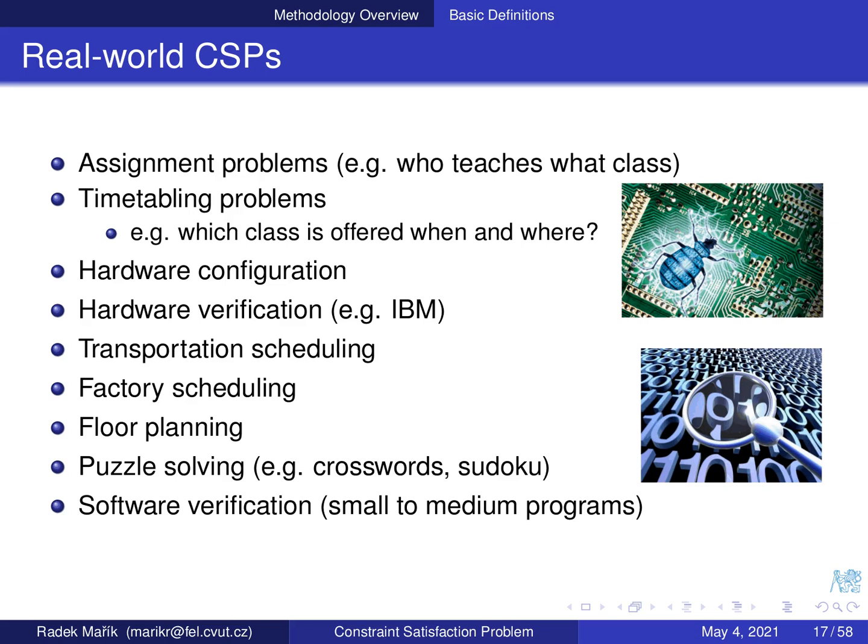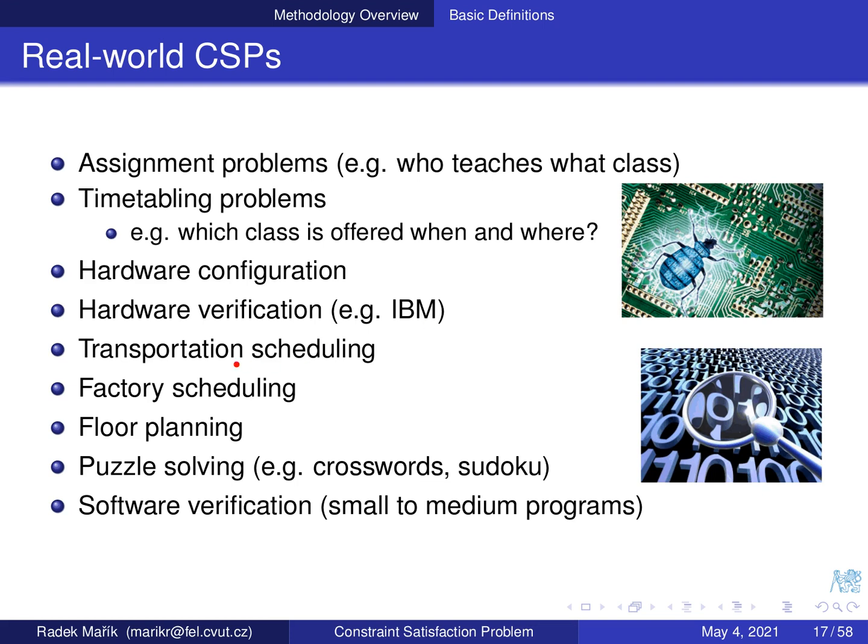Is it used in, let's say, the real world? Of course, in basically every industrial problem, you can find such problems. For example, assignment problems, who teaches what class, timetabling problems, which class is offered when and where. It is the same for hardware configuration issues, hardware verification. For example, IBM uses it many times in its systems.